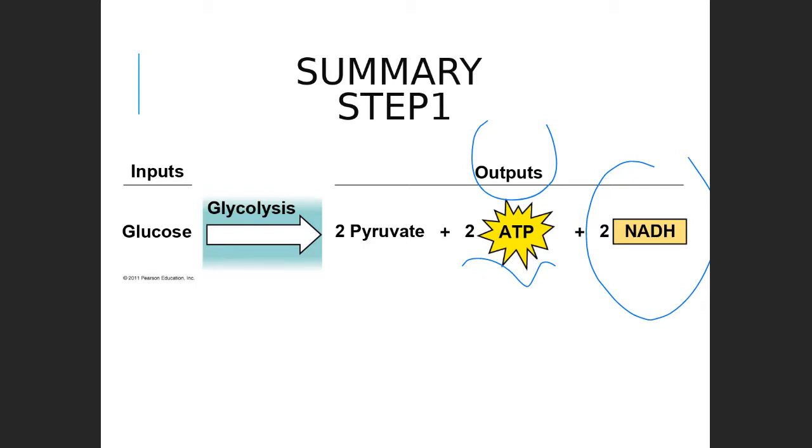This always happens. And as a product, I produce 2 pyruvate, 2 ATP net. But I do produce 4 ATPs. But if I say the word net, it's only 2 ATPs. So don't confuse it. The word net is very important to be used. And 2 NADH. We finished the first step. That's my step 1.